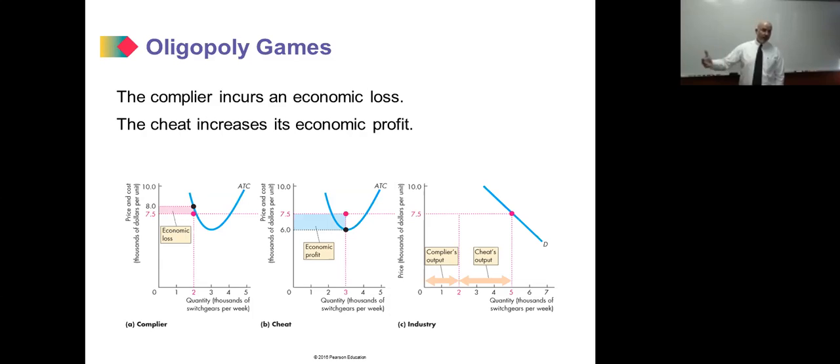The cheater is going to push production out 2,000 units. They're going to gain those 2,000 units. When they do that, the price is going to fall by $500 a unit. So we could take 2,000 units multiplied by $500 a unit, and what was the revenue they just realized?